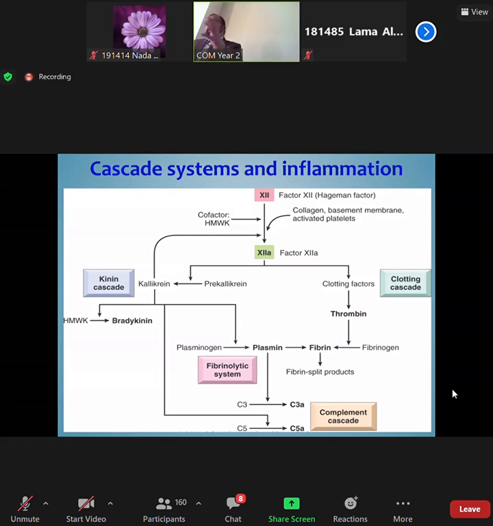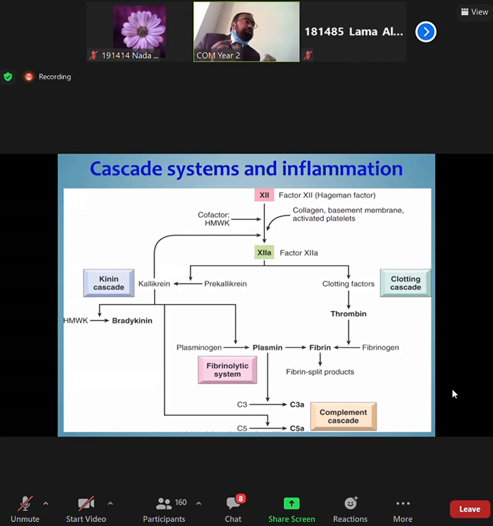We have circulating factor 12 in the body, which is in an inactive form. This factor 12, which is Hageman factor, is activated through the collagen, basement membrane, and activated platelets. As I said, when the endothelium is detached, the basement membrane is exposed.